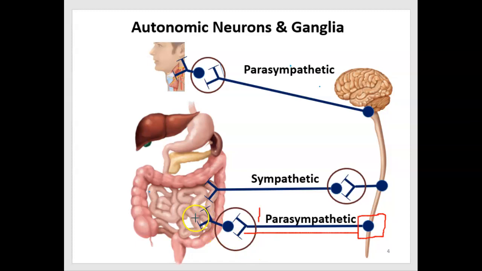But just before innervation happens, there's another neuron that takes over the signal. That's the postganglionic neuron, number 2. And this time the ganglion is very, very close to the organ that's being innervated, as was true up in the head region. But it is not true for sympathetic pathways. Sympathetic pathways, the ganglion is very close to the spinal cord.